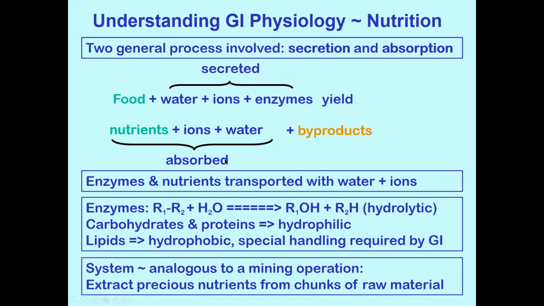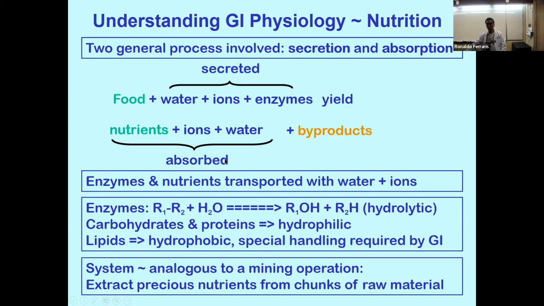In contrast, the major macronutrient lipids, they're hydrophobic. And you will realize from the next several hours that I will be lecturing that lipid nutrients, the lipid component of your food, actually require very special handling by the GI system.